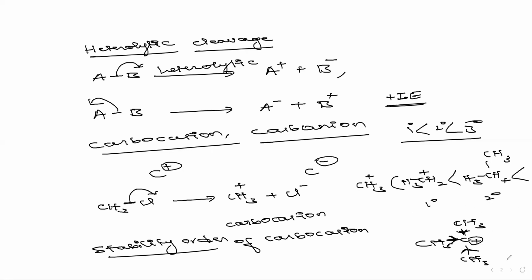Next topic, we can take an example. If a benzene ring with carbocation, we also have to check. It is one benzene ring with carbocation and one CH3 group, and here one CH3 and CH3 carbocation. Between these two, which one has the more stable carbocation? Both are secondary.